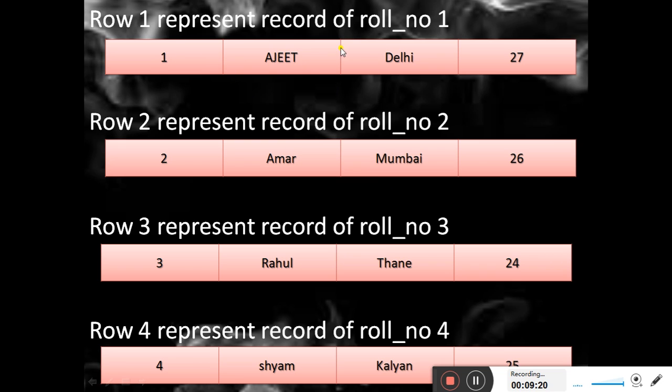Row 1 represents the record of roll number 1. Okay, this is the second row which represents the record of roll number 2. This is the third record which represents roll number 3. This is the fourth record which represents roll number 4.